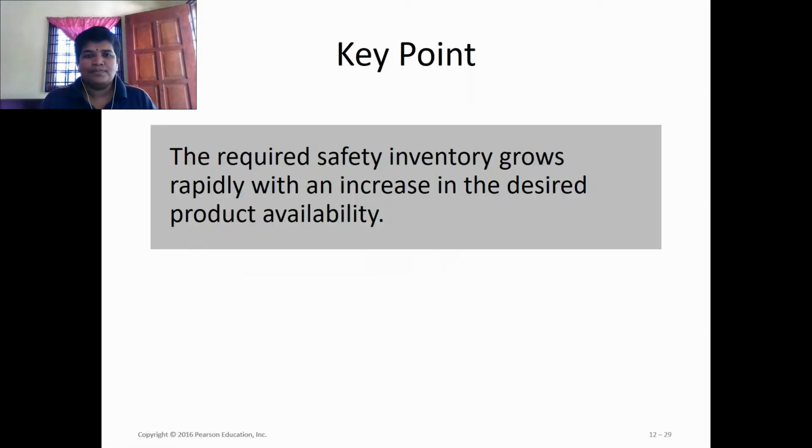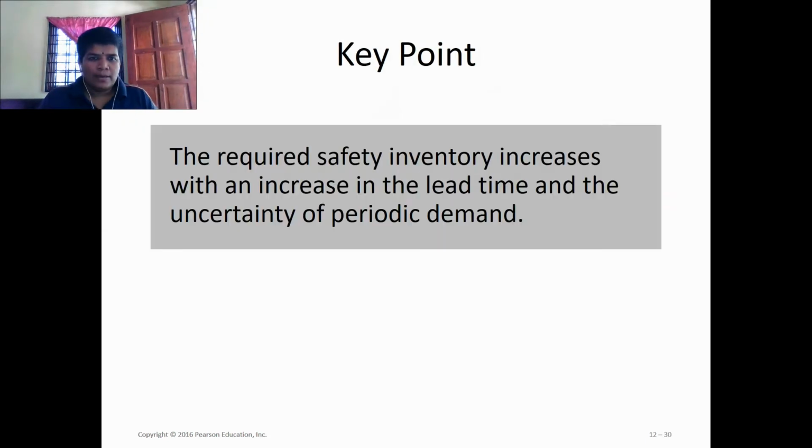Key point: the required safety inventory grows rapidly with an increase in the desired product availability. Another key point: the required safety inventory increases with an increase in the lead time and the uncertainty of periodic demand.